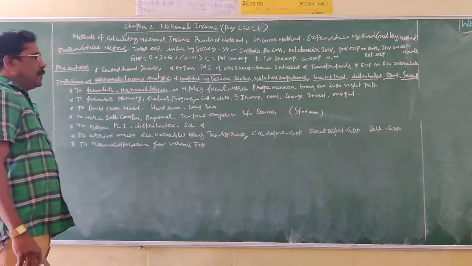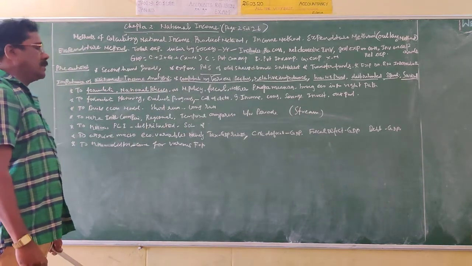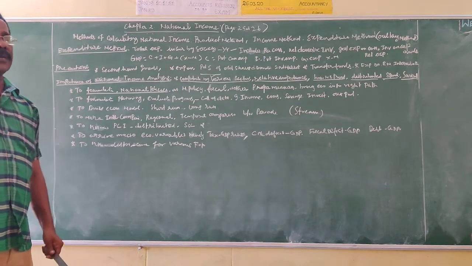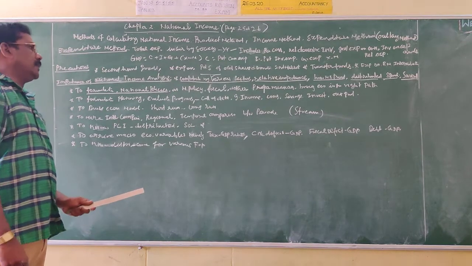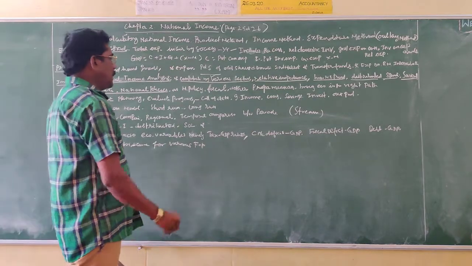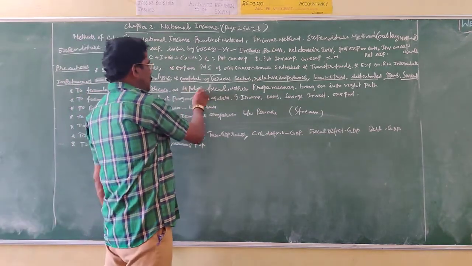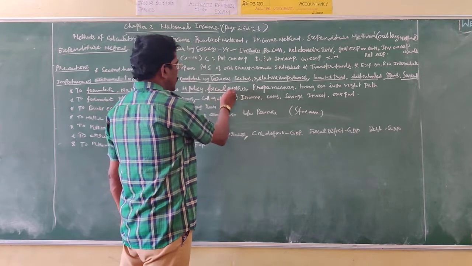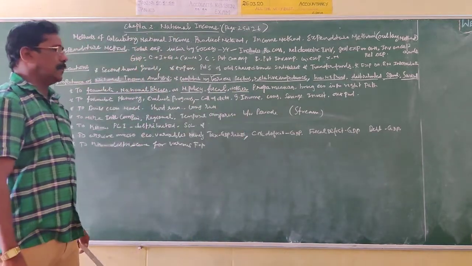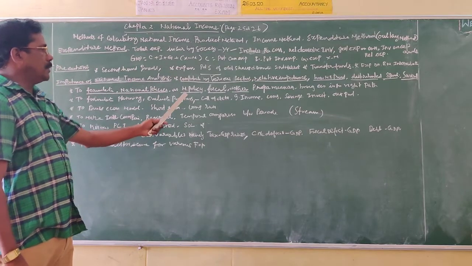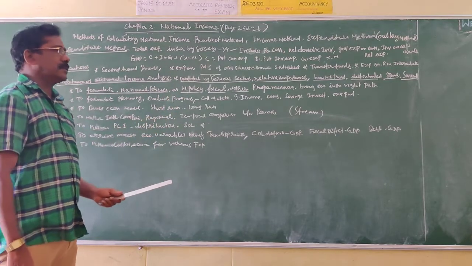Then the second one, to formulate the national policies. Each and every country has to prepare or formulate national policies for the growth or development of the nation, especially the monetary policy, the fiscal policy and other policies prepared by the government. Monetary policy means regarding the monetary aspects.